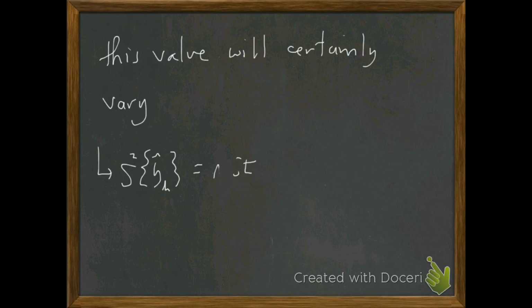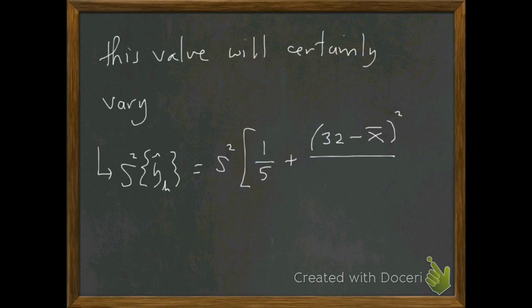I'll tell you what, let me be consistent here. 1/5 plus what we'd have here, we'd have our 32 minus the mean of our ACTs, and I think it was 116 that we'd have there.